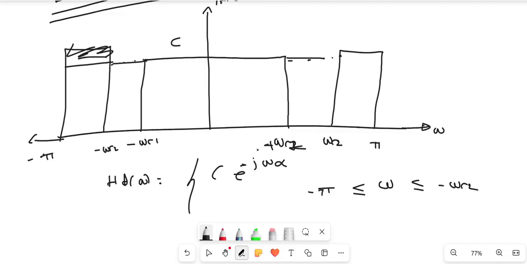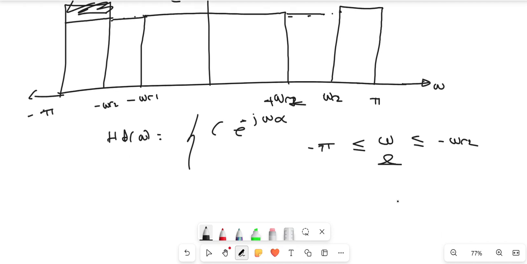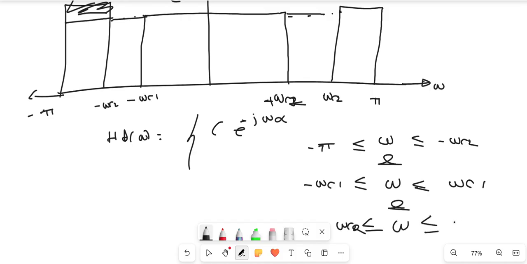Only this band will be rejected in a band stop filter. Also omega is greater than or equal to minus omega c1 and less than or equal to plus omega c1, and omega is greater than or equal to omega c2 and less than or equal to pi.